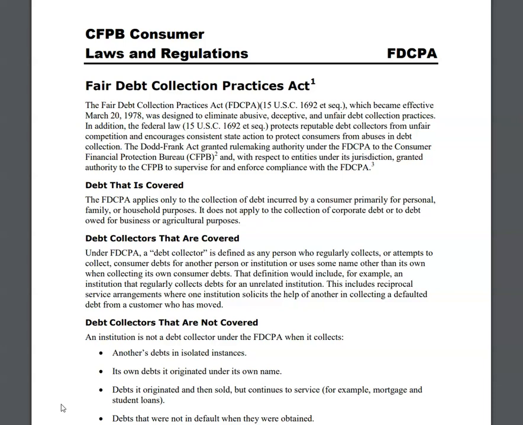So, debt that is covered: the FDCPA applies only to the collection of debt incurred by a consumer, primarily for personal, family, or household purposes. It does not apply to the collection of corporate debt or to debt owed for business or agricultural purposes.